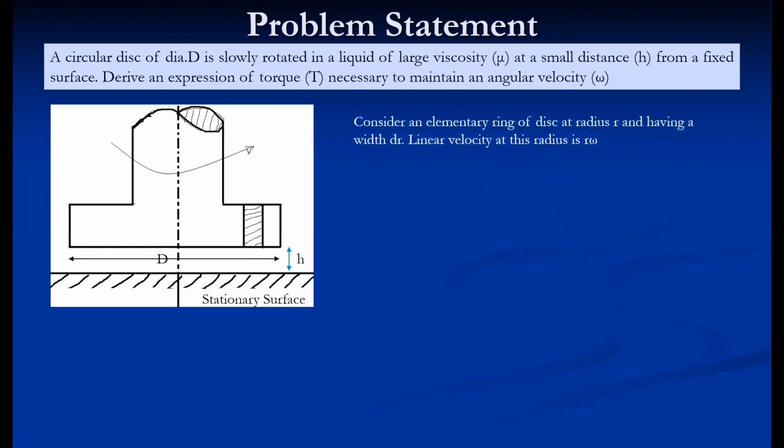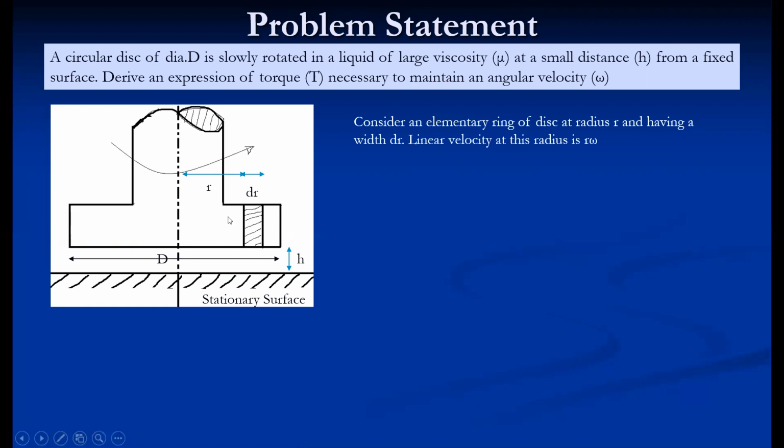So first of all, we'll consider an elemental ring, for which the velocity remains constant. If we see from the top, it resembles a ring of radius r and having a width dr. The linear velocity at this radius is r omega.